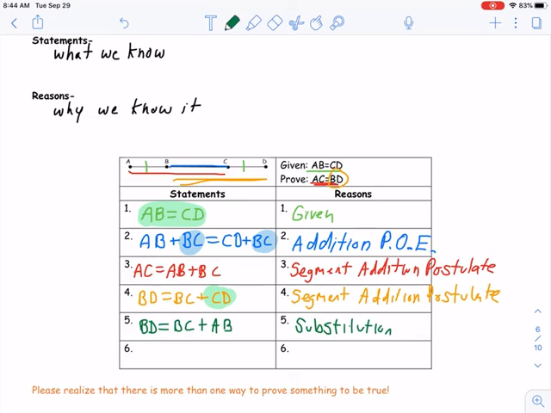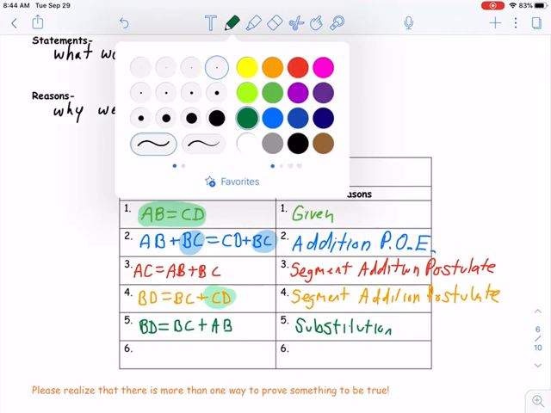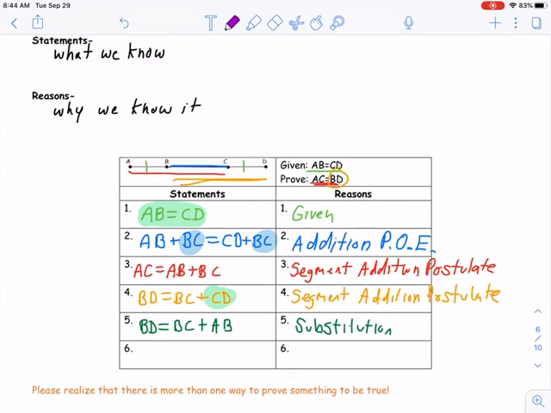There's a couple of things I could do from here, but really what I'm just going to do for my punchline is say, well, there's an AB plus BC here, equals AC equals BD. Since they equal the same thing, they must equal each other.